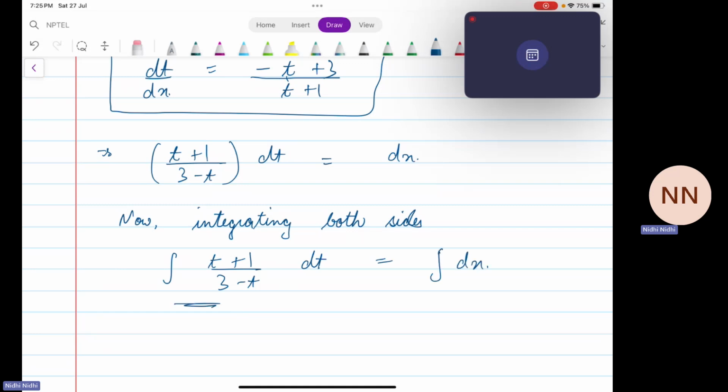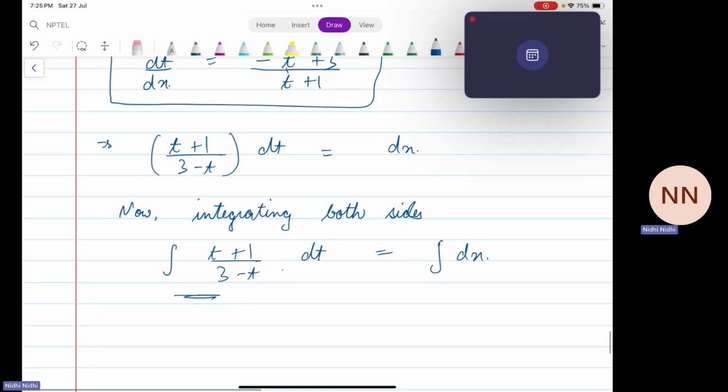Now to solve this left hand side, we can see that the numerator and denominator are linear functions in t. So the idea to solve such an integral is to make terms in the numerator and denominator the same so that the terms cancel out.